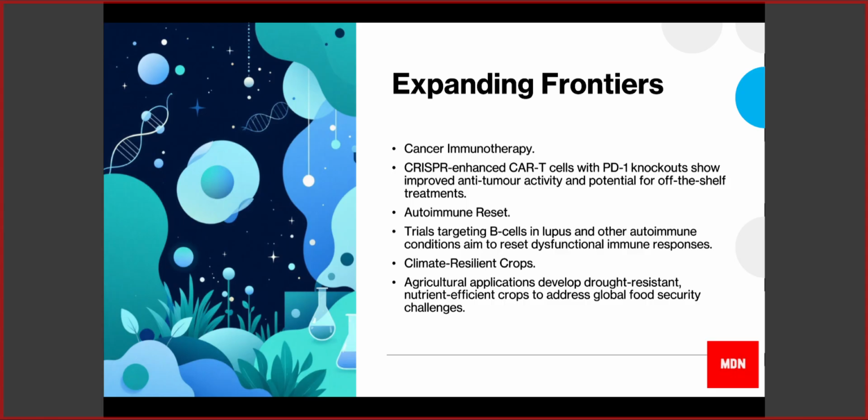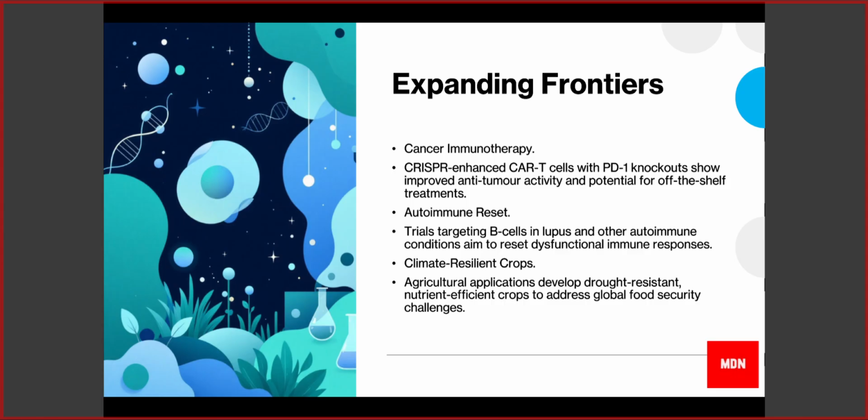There's also an autoimmune reset, which basically involves trials targeting B cells in lupus and other autoimmune conditions. This aims to reset dysfunctional immune responses. So things like arthritis and anywhere where your immune system attacks you, they basically reset that function and make sure that it's working in your favor.